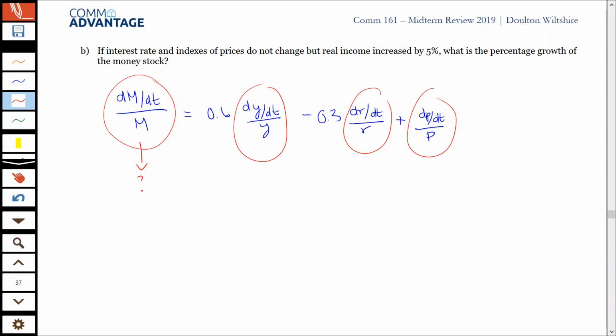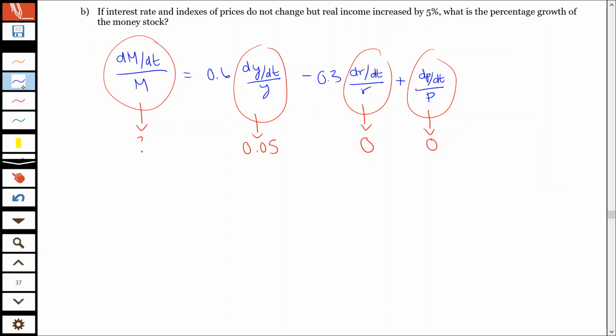If interest rate, so interest rate is R, doesn't change, and prices do not change. If multiple things were changing, we would just plug in multiple percentages there, and it's telling us that our real income has increased by 5%. If it had decreased, we put it in as a negative number. And so this is just our percentage change in the money stock.